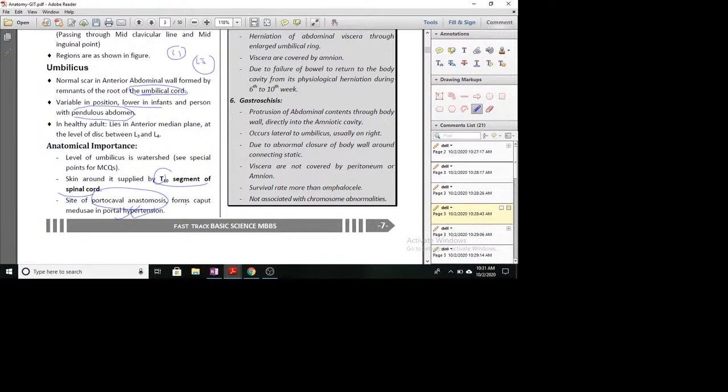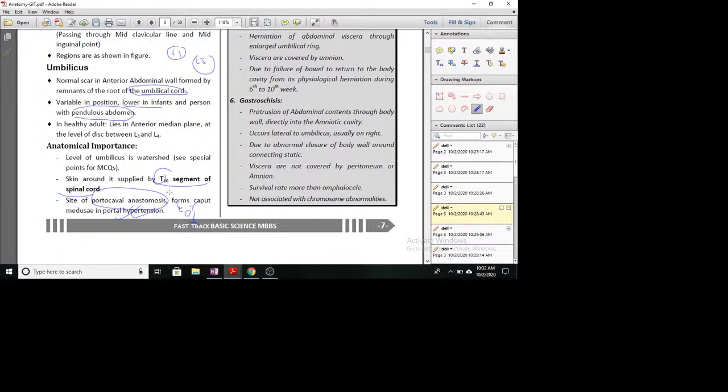This is related to the blood supply of the liver. When there is a blockage to the liver, there is portocaval anastomosis around the umbilicus.